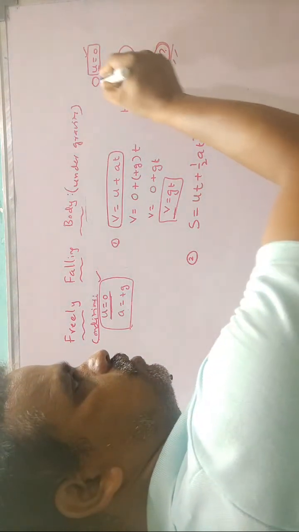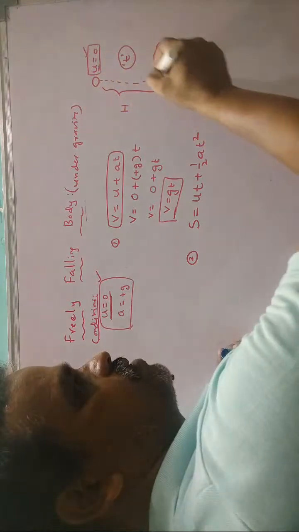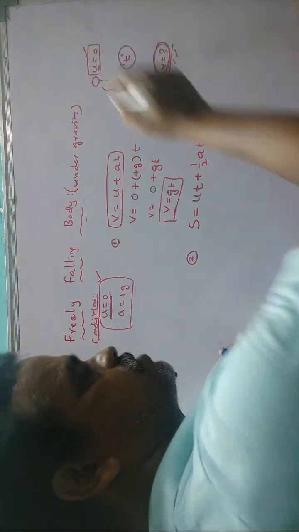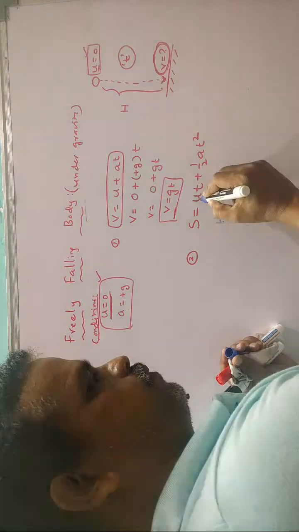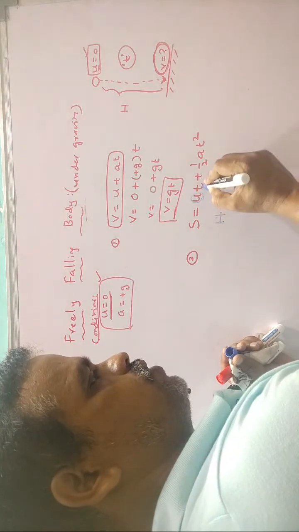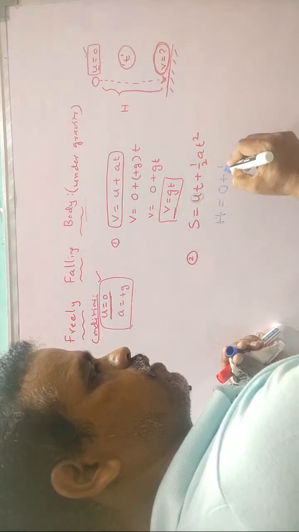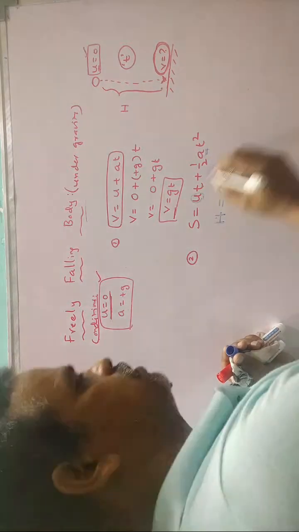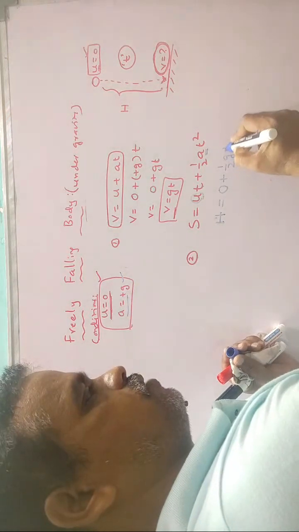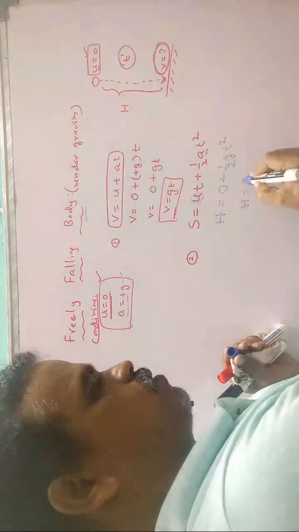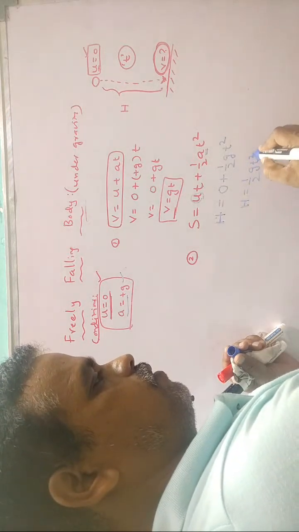Here h is the distance covered by the body falling with initial velocity 0. So I am substituting: h equal to, here u is 0, 0 into t, 0 plus half a, where a equal to plus g, t square. So h equal to half gt square.